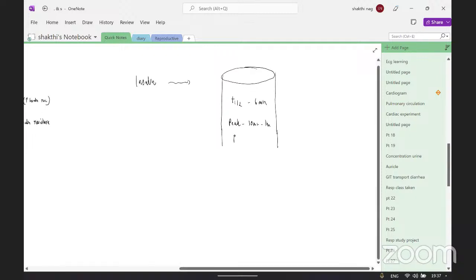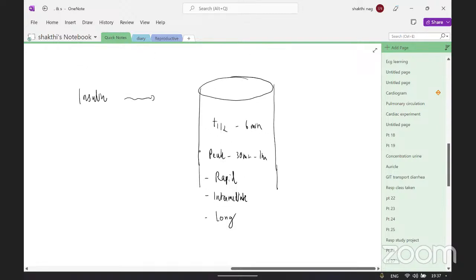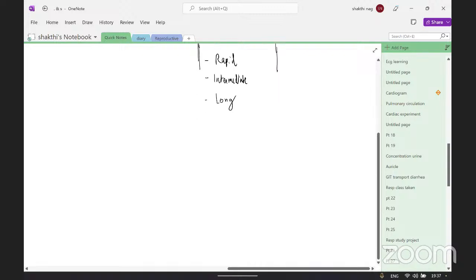It has rapid functions, like wherever ions are taken in, glucose is taken in, all of that is a rapid activity. It also has intermediate activity and then long-term activity. All that is there when you talk about your insulin.